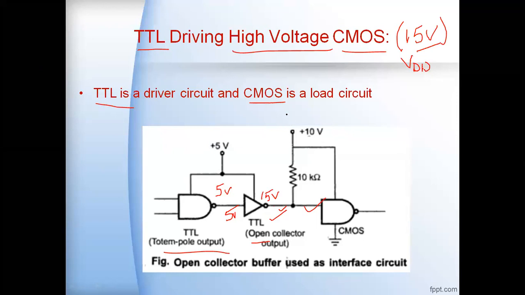In the first case, with voltages operating within 5 volts, we use the pull-up resistor, and in this case we use a TTL buffer. This buffer takes the low voltages and converts them into high voltages.